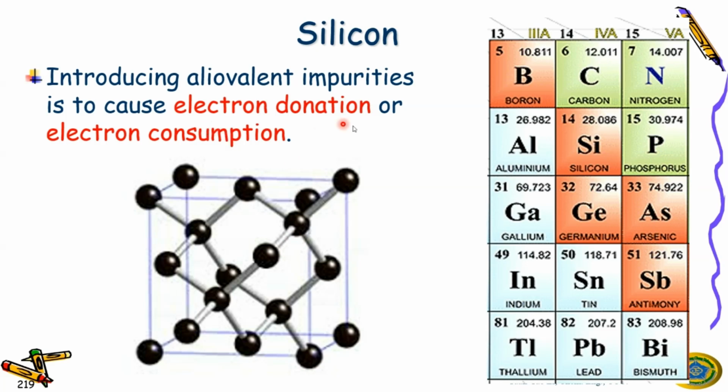This is called electron donation. However, if you want electron consumption, that means you want one electron short, then boron will be the one, because boron has only 3 electrons in the valence shell of the atom.